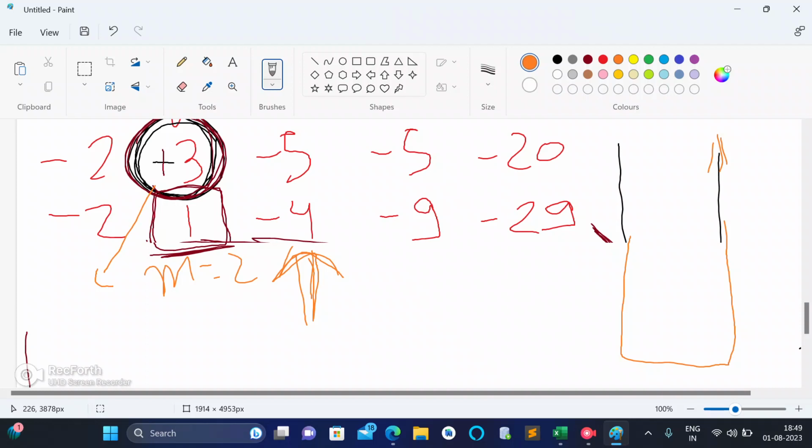Suppose that m is equal to 2. Initially, the question gives this value as -3.